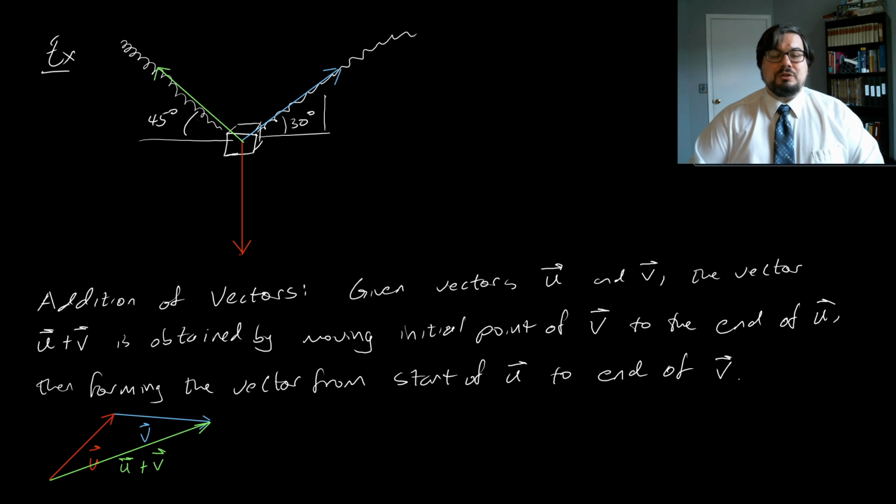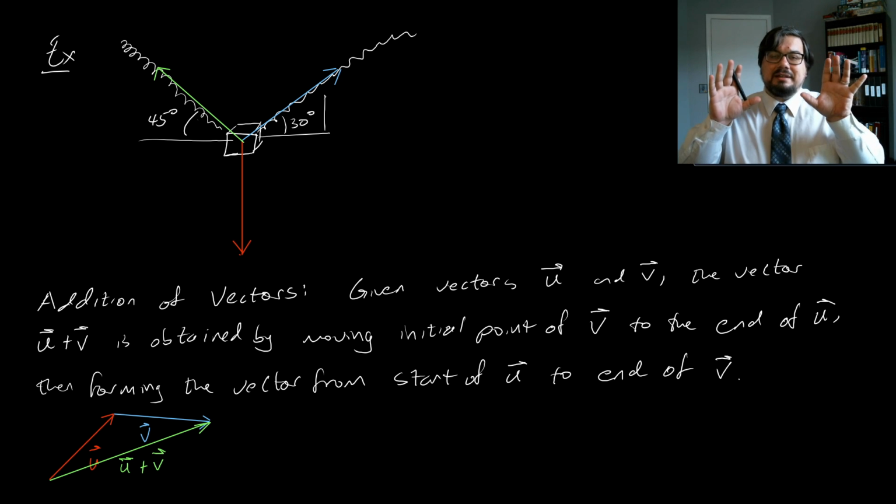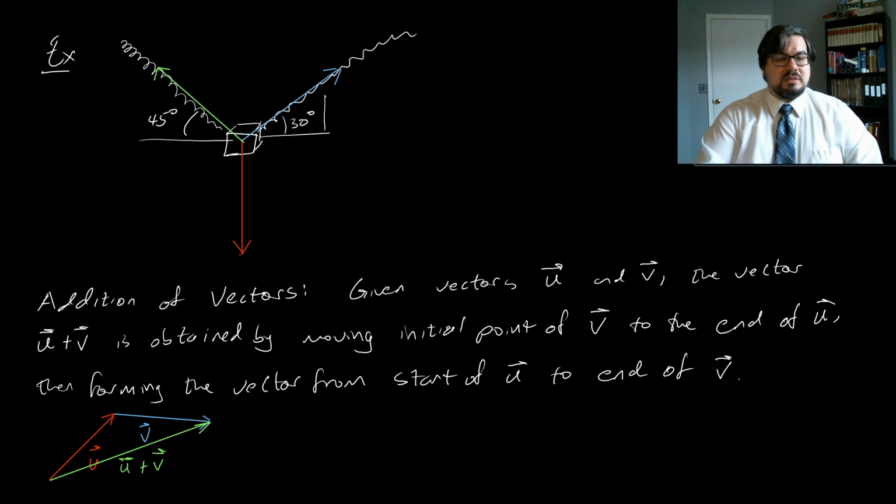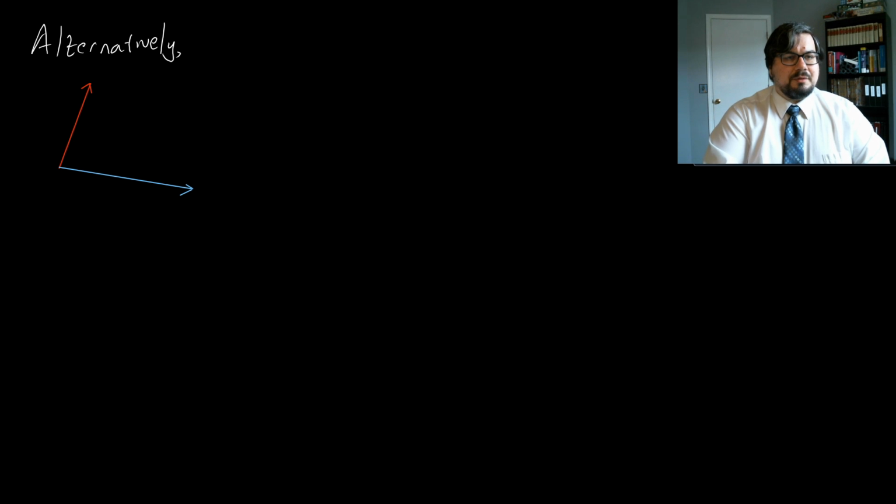Another way that's useful for problems like the one that we had above, where we've got a whole bunch of forces acting on a single object, and it's useful to think of all of our vectors starting in the same place, is the following. Alternatively, we could do this. If we have the vector u and the vector v, I'll give them labels here.